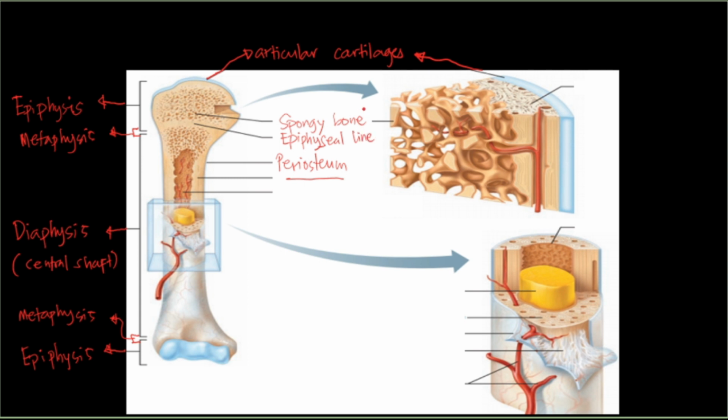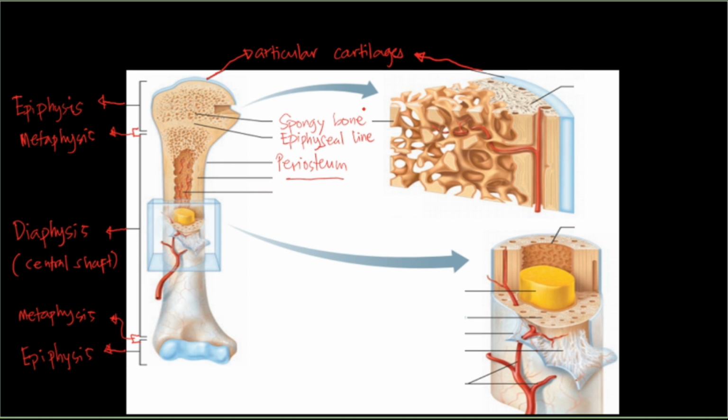Epiphyseal line. Actually, at first, a growing bone is composed of your epiphyseal plate. The epiphyseal plate is the site of your bone elongation. Take note, it lies between the epiphysis and the diaphysis, and later it is replaced by the epiphyseal line when bone growth stops.